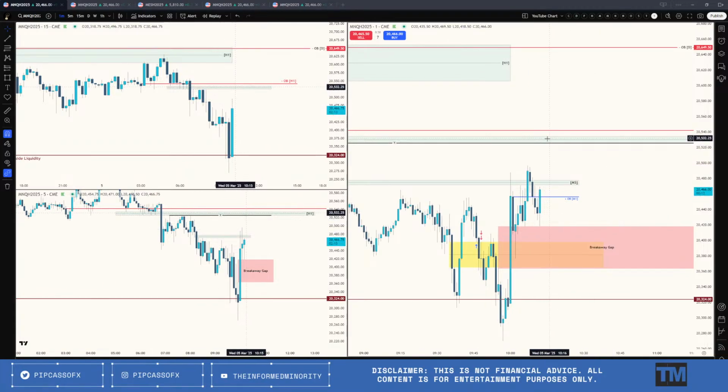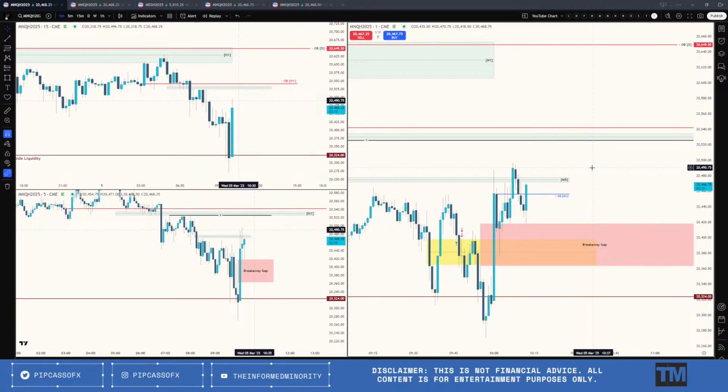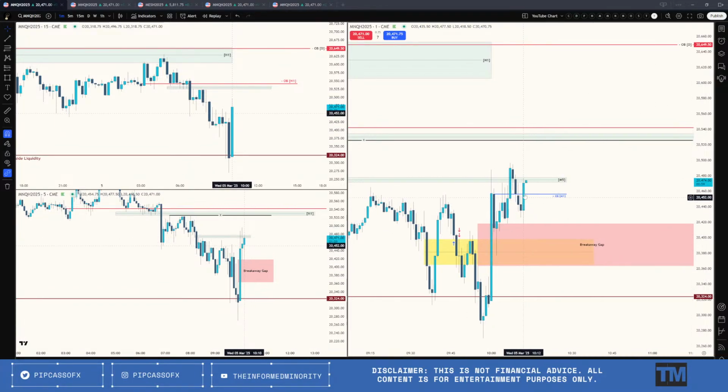That's where we would be looking. So this did remain open, which is what I wanted to see. This is a nice movement away, and I don't want to see it come back down, because if it comes back down again, it's just back and forth price action, which isn't favorable.